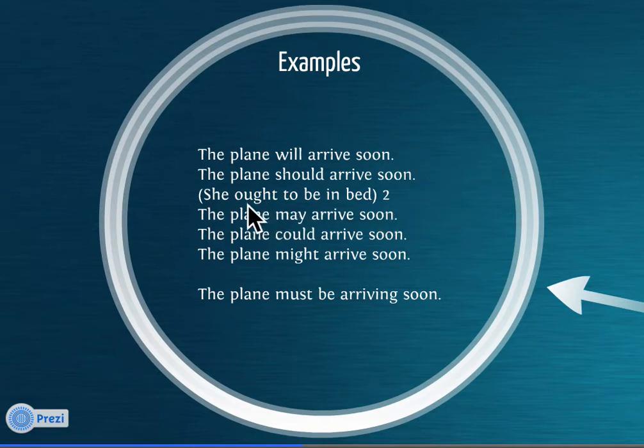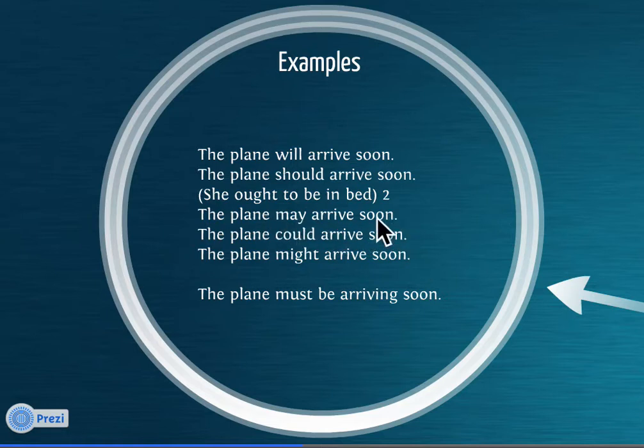The same thing with ought to: she ought to be in bed. Be careful because it has two meanings. That's my opinion, that she ought to be in bed because look at her, she's very sick. Or it can also be a future possibility.